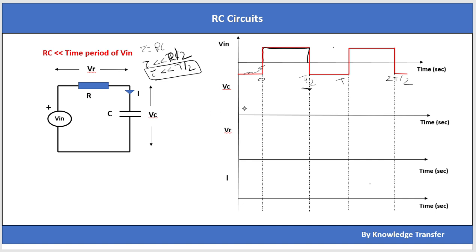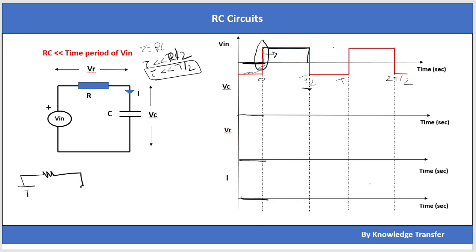Okay, so in this scenario, let's see, still here this is 0 volt. You assume here also 0 volt, so that's why I'm writing 0. Let's assume at t equal to 0, you can see the high frequency signal is being applied to the capacitor. So if I redraw the circuit, it becomes like this.